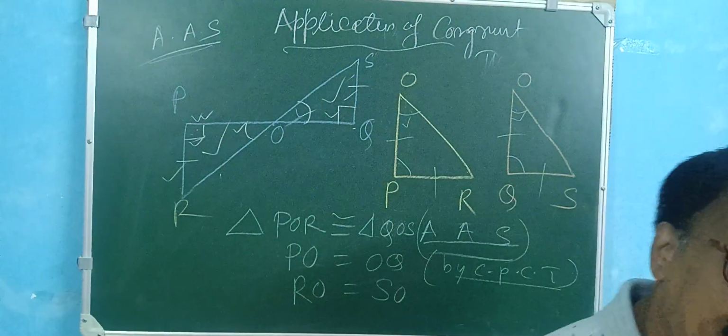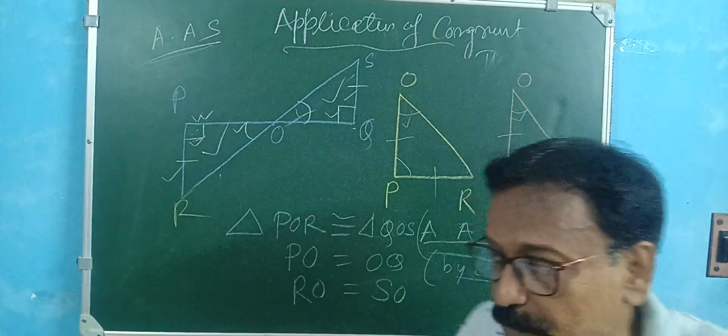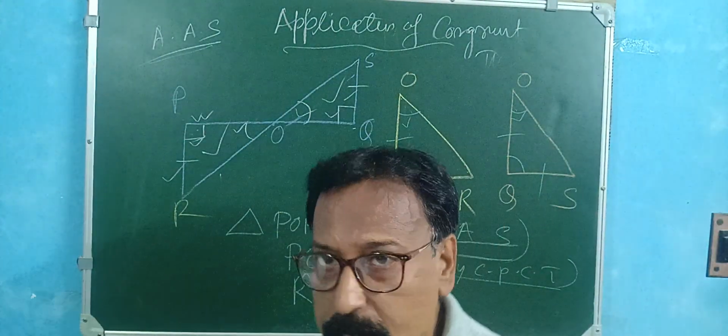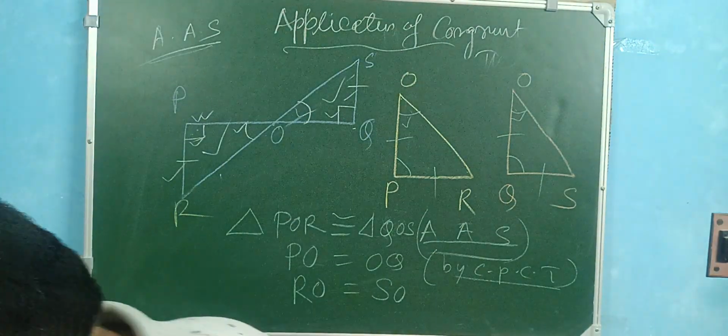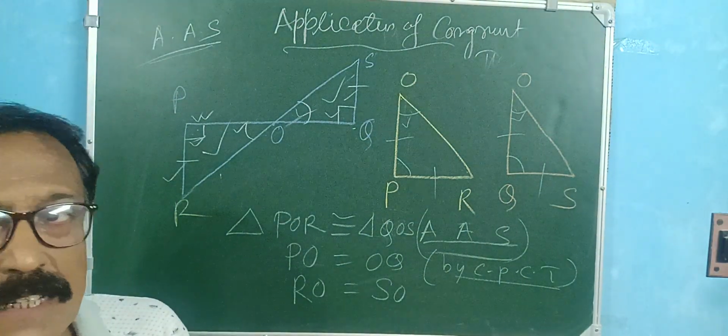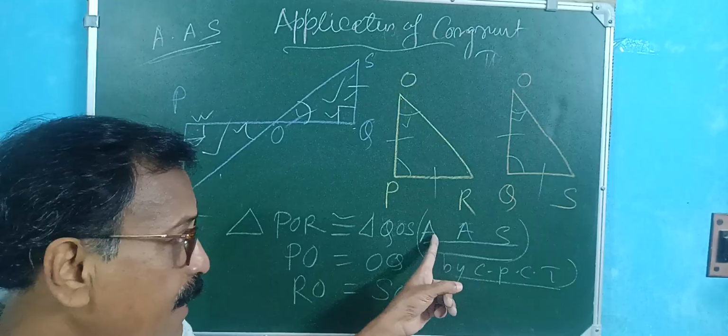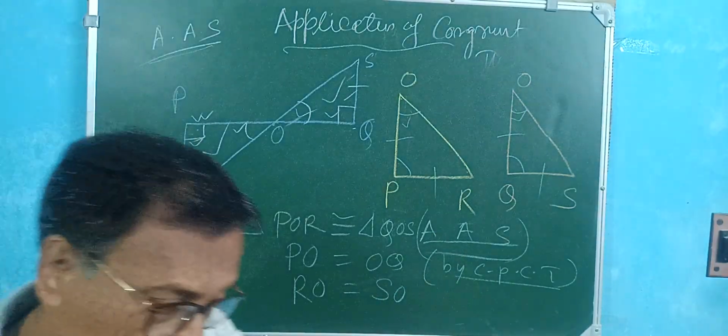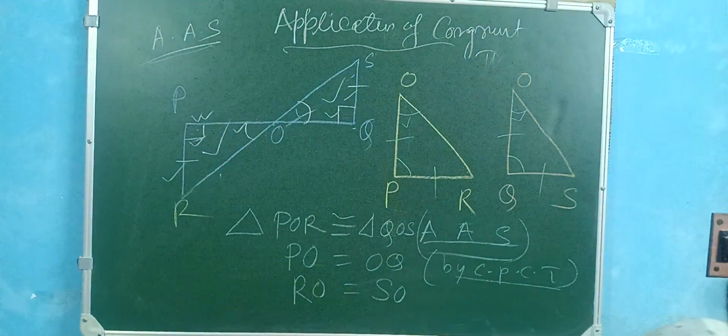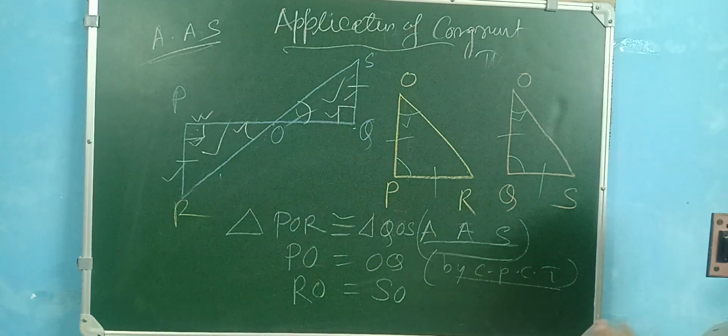I told you before, repeatedly say, if you just prove a congruency by one process, then all the other parts are equal. If we prove that angle side congruency, then all sides and angles are equal.